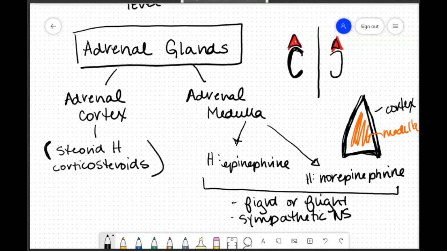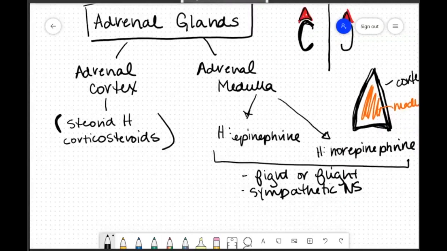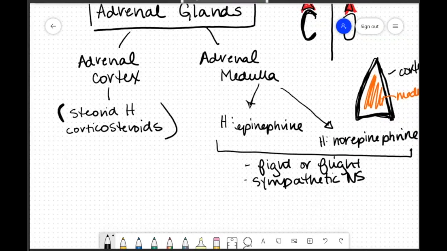So this is a family of hormones that are steroid hormones. So think about all the way back to AMP1 with what makes up the structure of a steroid. All of these have that same steroid structure. There are 3 steroid hormones that you need to know.